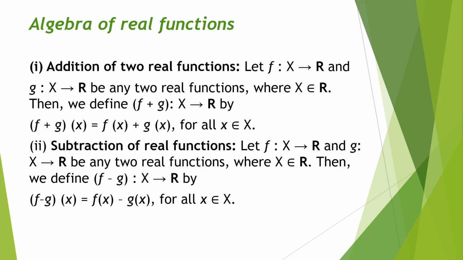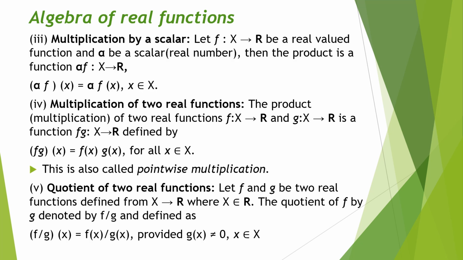Similarly, for subtraction of real functions, (f minus g)(x) is equal to f(x) minus g(x) for all x belongs to X. Multiplication by a scalar. If f is a real valued function from X to R, and alpha is any scalar, meaning any real number, then the product is a function alpha f from X to R given by (alpha f)(x) is equal to alpha into f(x).